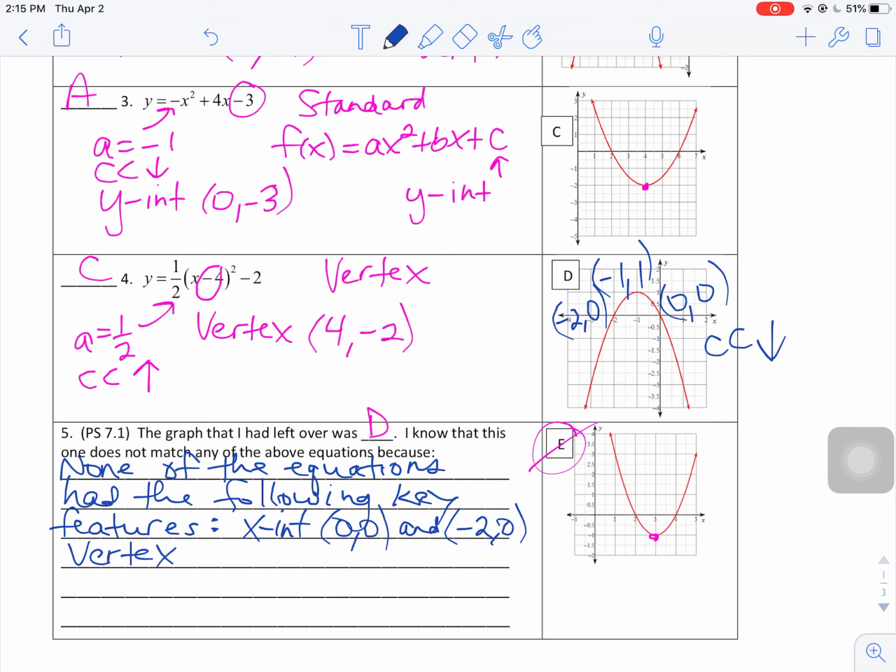Vertex -1, 1. Y-intercept of 0, 0, and concave down.